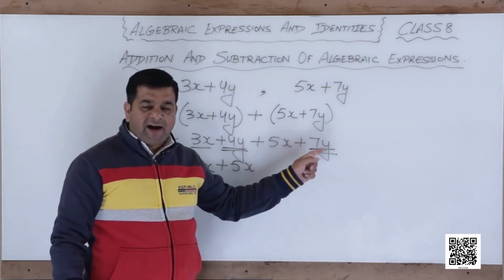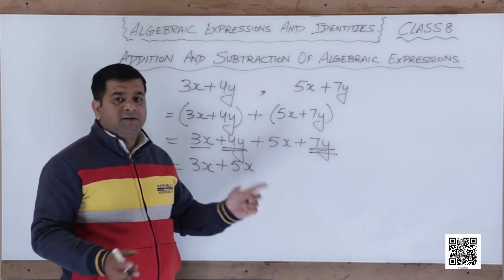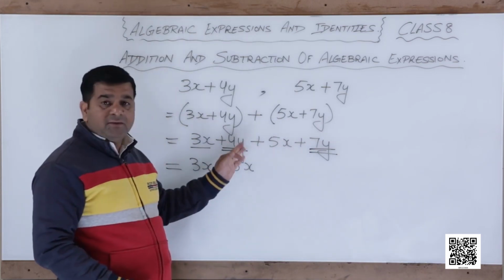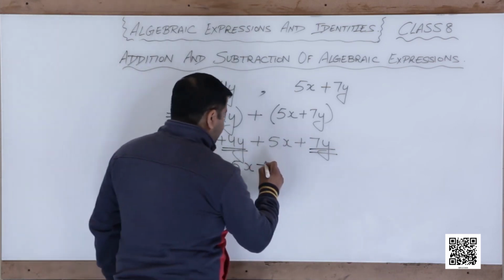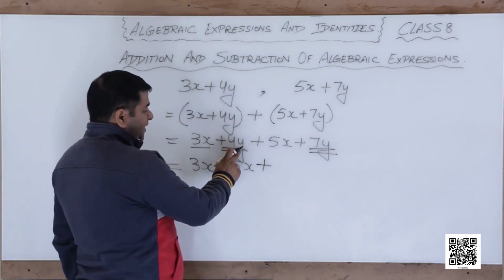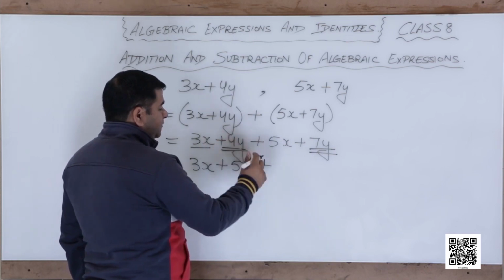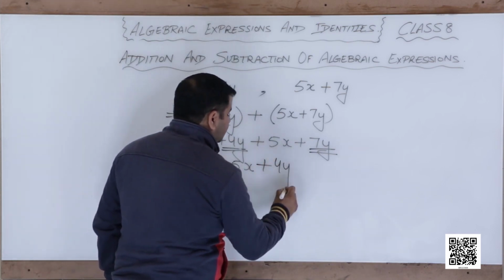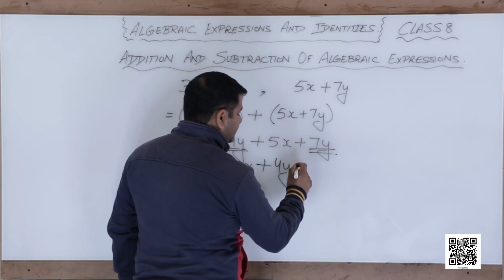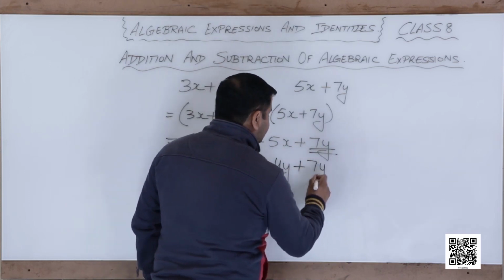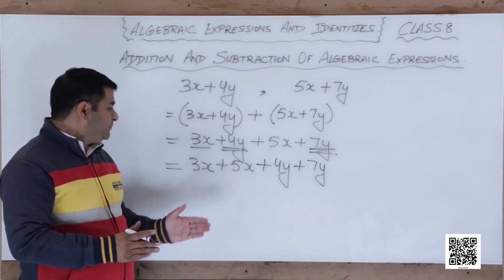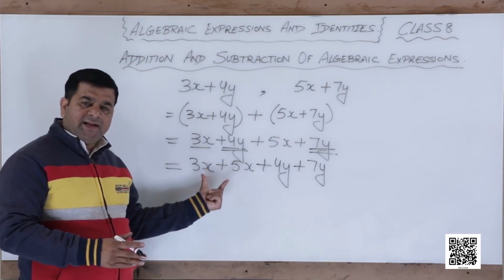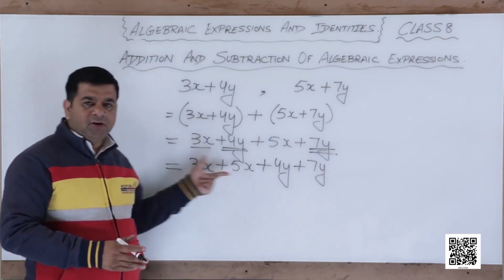These two have the same variable y, so they are like terms and we write them together. Now this has the coefficient plus 4, so we write plus 4y, and this term is plus 7y. So students, what have we done? We have put together like terms in this row.